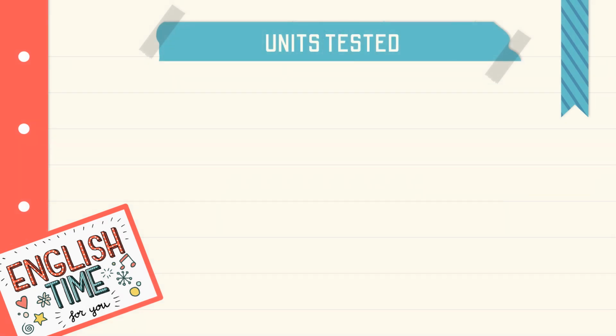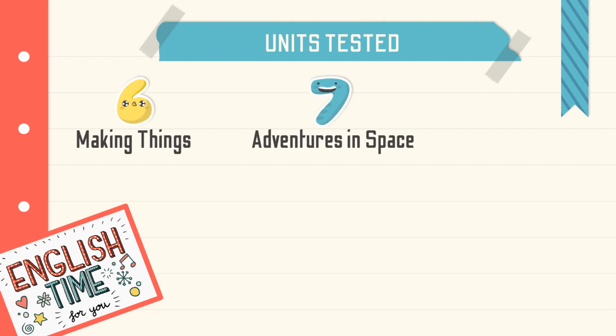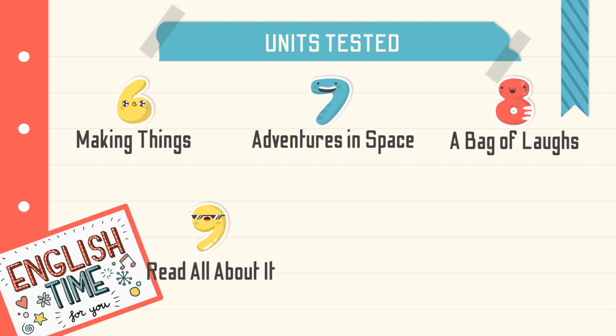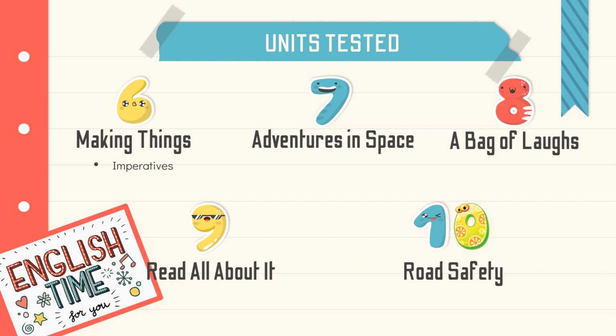Grade 5, in your final test, the units tested are Unit 6, Unit 7, Unit 8, Unit 9, and Unit 10. In Unit 6, you learned about imperatives, sequence adverbs, and preposition with. In Unit 7, you learned about adverbs of frequency and synonyms and antonyms.